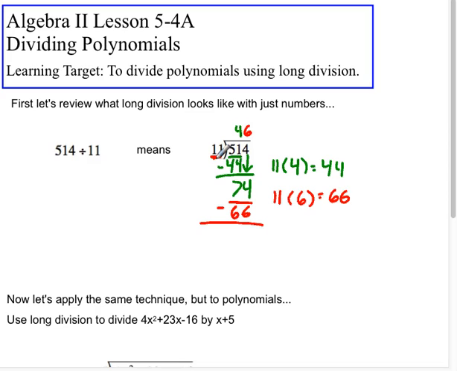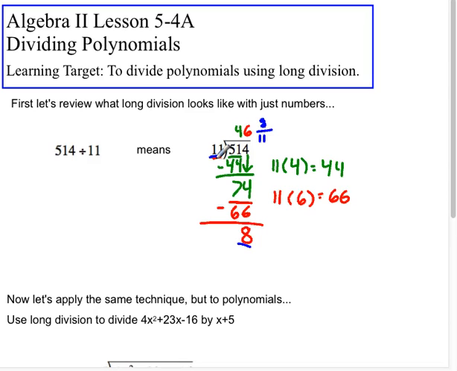So 74 minus 66 leaves me with 8. Well, now 11 can't go into 8. So that means my process is basically over, except I'm left with that remainder. So what I do with that remainder is I say that the answer is 46 and 8 11ths.